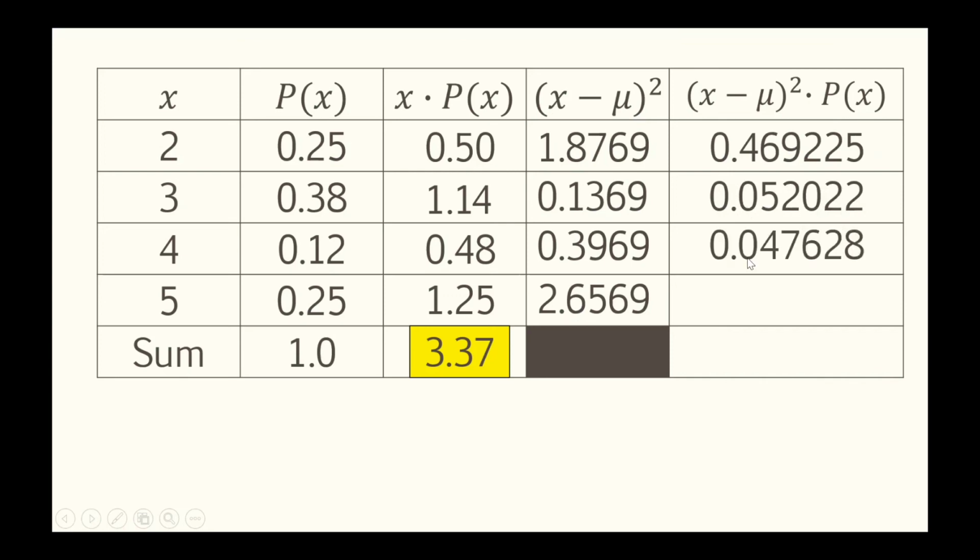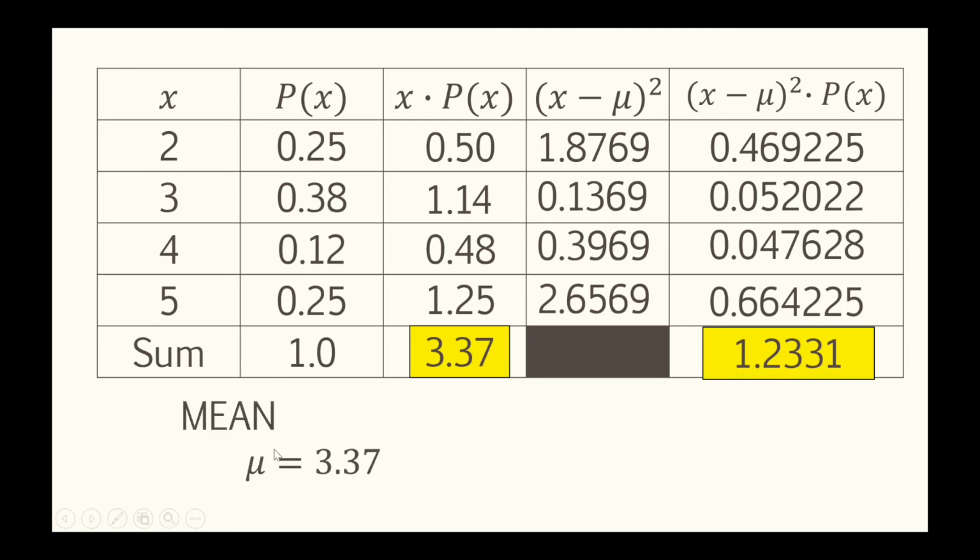And then get the summation for the computed values, that is approximately 1.23. So here, the mean is 3.37 and the variance or sigma squared is equal to 1.2331.